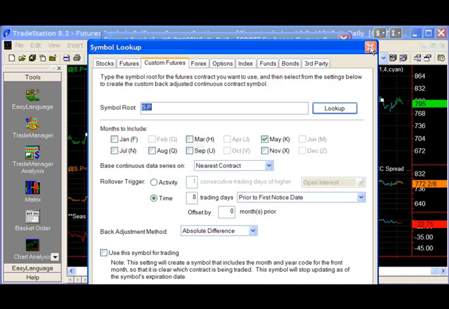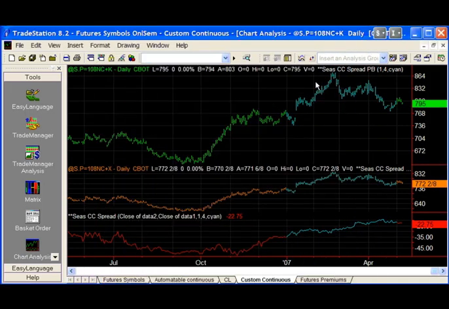Let me back out of these again. So this is only May, and you don't need to see the dialog box again. This one is only November. What I was trying to experiment with is, can I isolate a longer-term history on, let's say, an old crop, new crop spread, a May-November kind of spread. So this is May only, and this is November only.